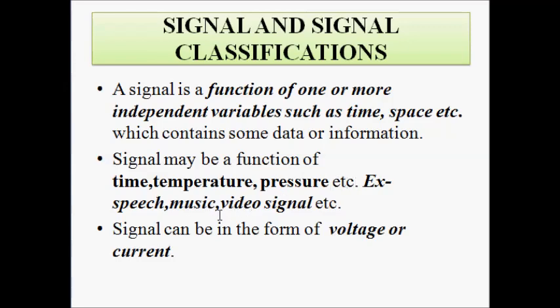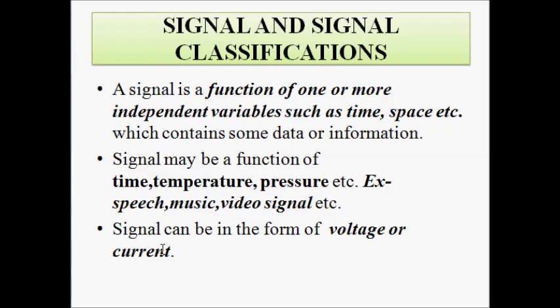It is generally in the form of a voltage or current signal. Most of the signals that we will deal with will be in the form of a voltage or current, because only then will it allow us to process the signal or to interface it with any other circuit, as they only understand a voltage or current signal in electrical form.